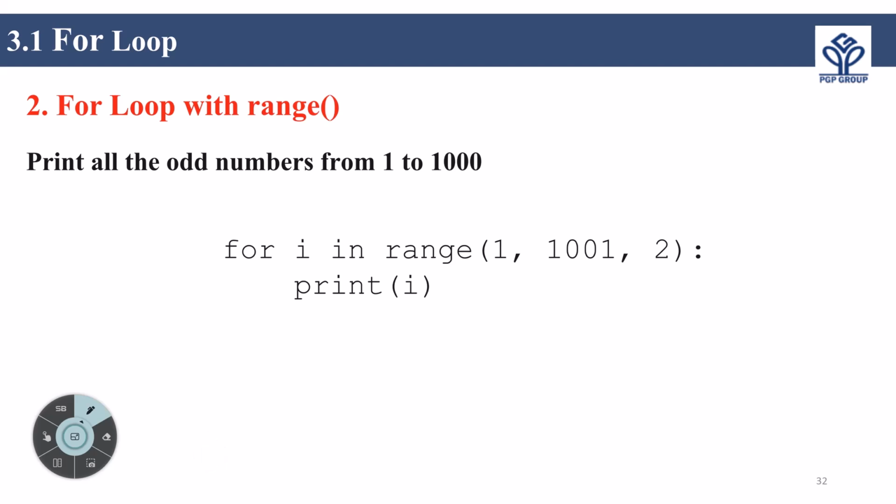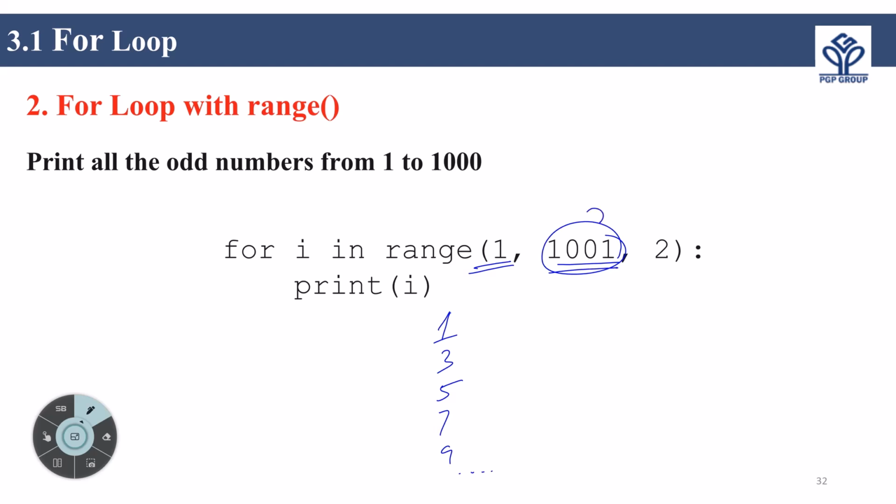Next one, print all the odd numbers. Very simple. We start with 1, clear? Then only odd numbers are printed: 3, 5, 7, 9, etc. These are also odd numbers, and we are using range. Correct?